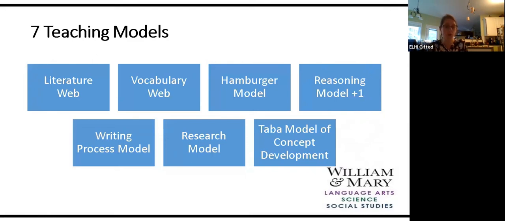So the +1, the offshoot with the reasoning model, is reasoning about a situation or event model. And this would really be great for your social studies crossover and collaboration, because if you can flip to that picture, in my book, it's page 34. You're really analyzing a situation, and this could be a historical situation.